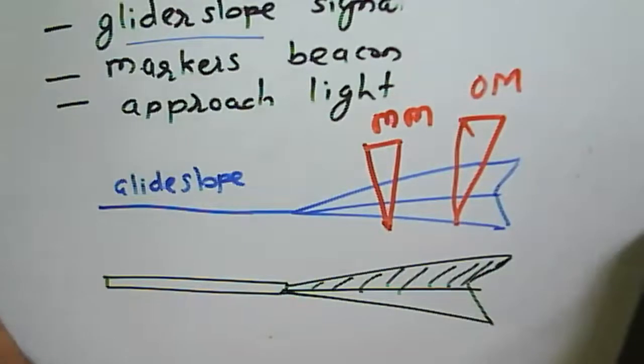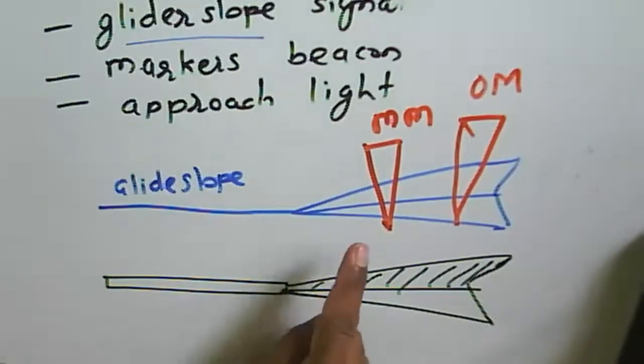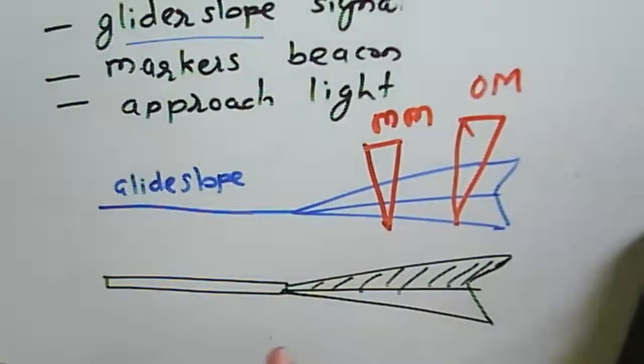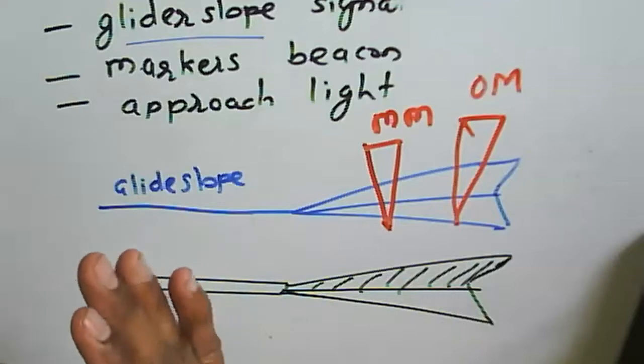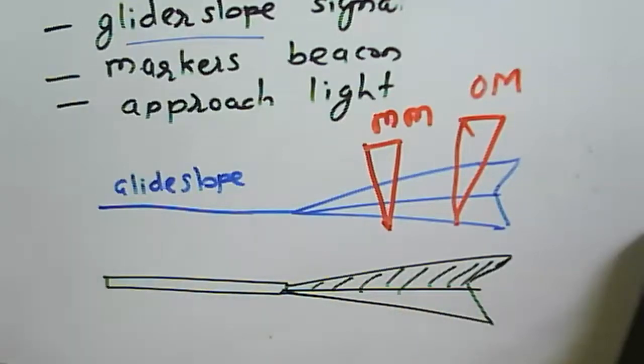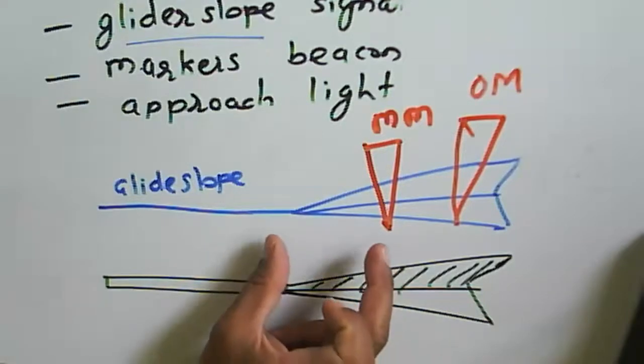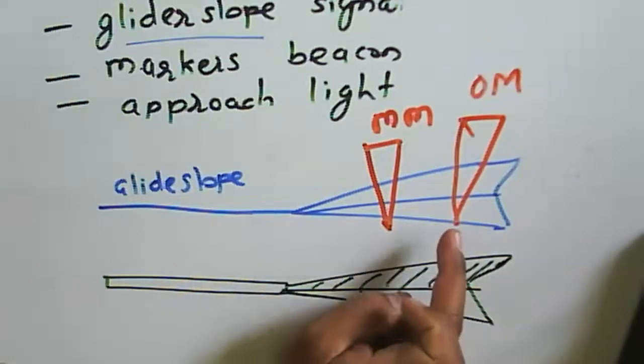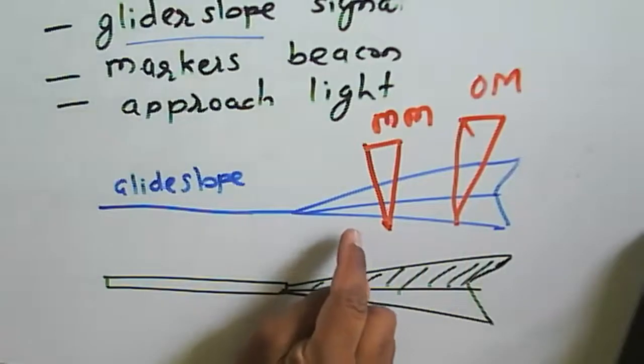So there are two markers: one is the middle marker and another is the outer marker. They provide the information regarding the glide slope, and from the glide slope it provides the outer marker as well as the middle marker.